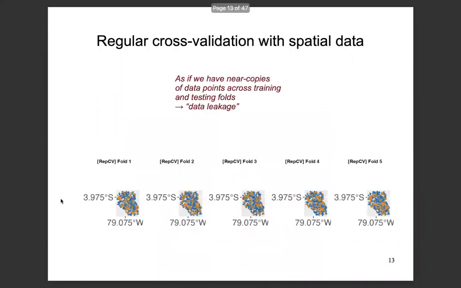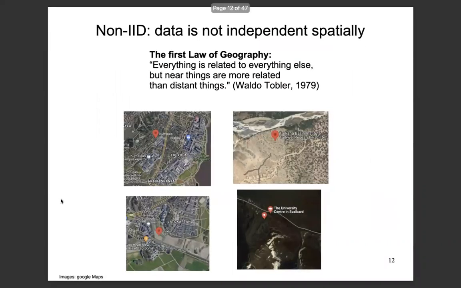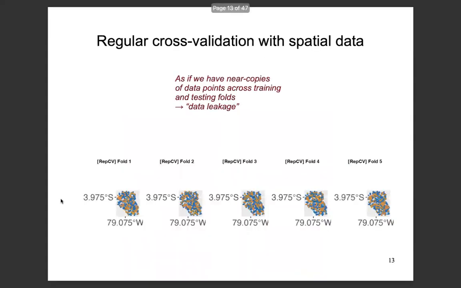And what happens if near duplicates end up, in cross-validation, one in the training set and the other in the testing set? We have what's often referred to in machine learning as data leakage. That's as if we are really measuring not a testing error, but more like a training error. So we have near copies of our data set.